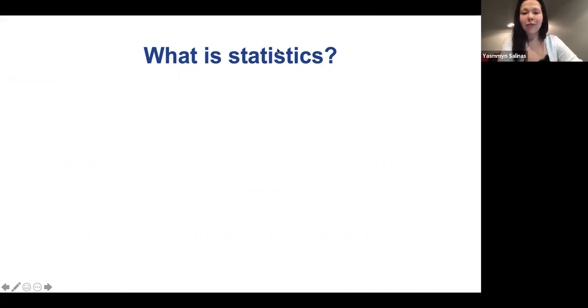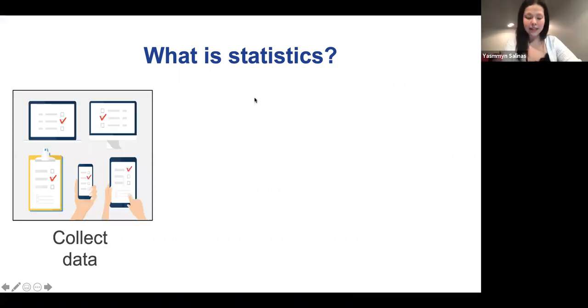So statistics, basically, the very first thing that we want to nail down is how to use proper methods to collect data.